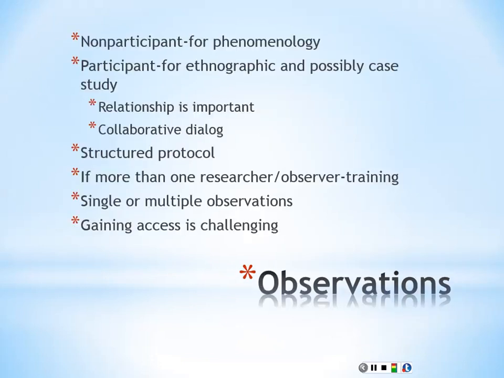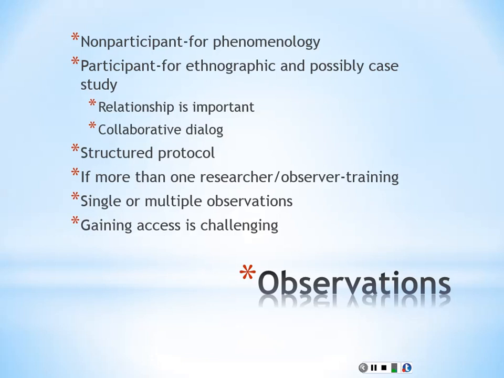And so the next item is observations, and you can be a non-participant where you're just making observations without interacting with the people, but for the aspect of cultural and case studies, you might become more of a participant. There again, you want to have a protocol of what you're going to be doing, and maybe you'll have a grid on that protocol of behaviors you're going to observe, and make little hash marks as you go through that.